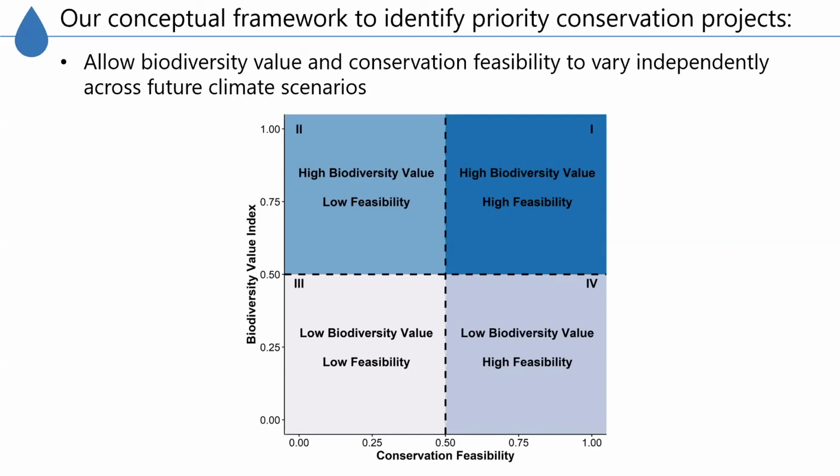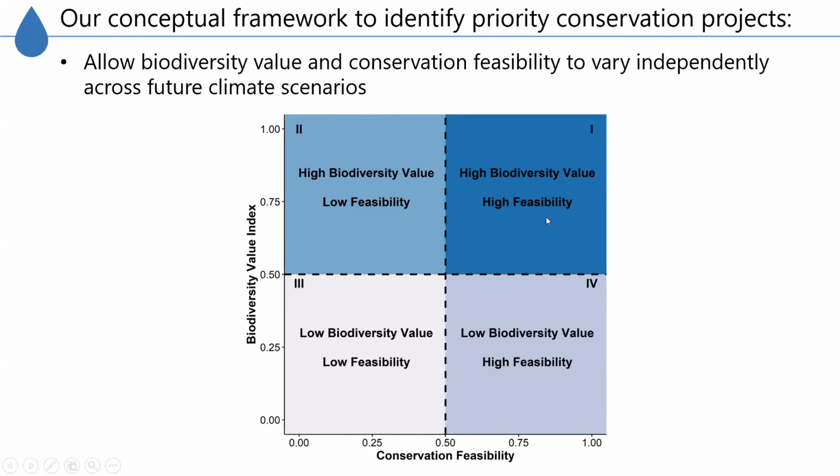So we came up with a biodiversity value index and conservation feasibility, thinking about water availability in terms of the feasibility of implementing environmental flows, allowed to vary independently across future climate scenarios, and use this planning framework to identify those high priority areas.